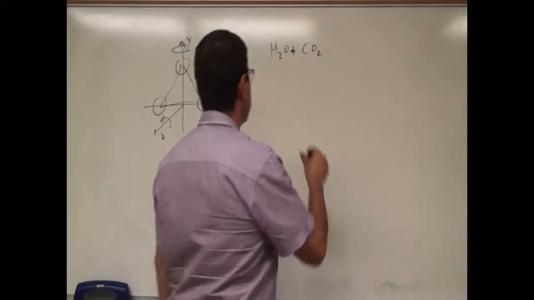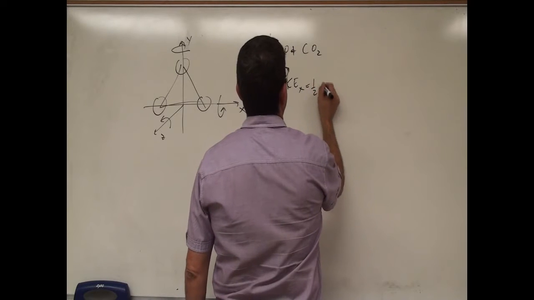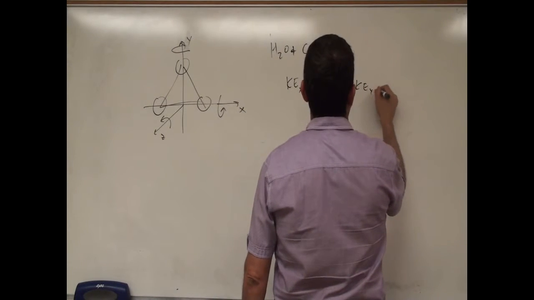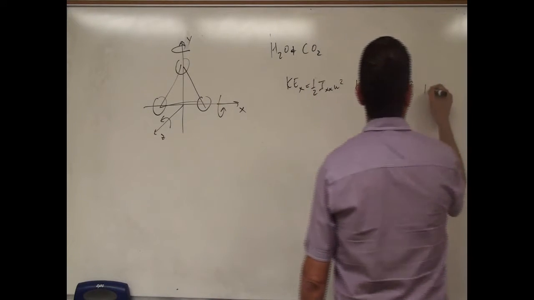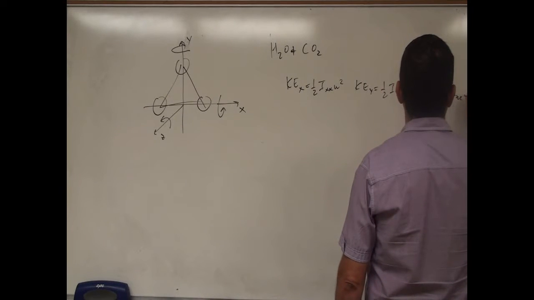So then you have kinetic energy in the x, 1/2 Ixx omega squared. Kinetic energy in the y, 1/2 Iyy omega squared. And then the kinetic energy in the z, 1/2 Izz omega squared.